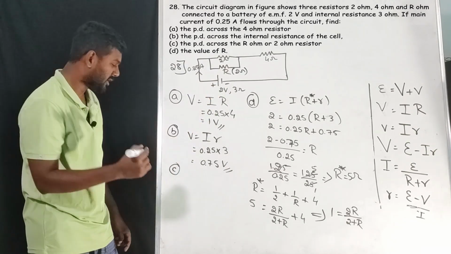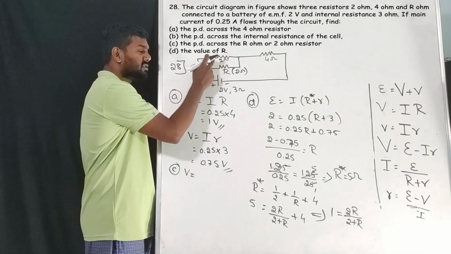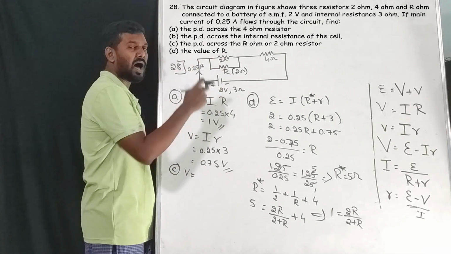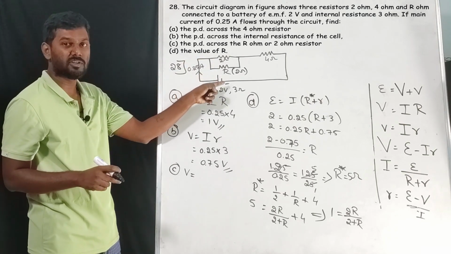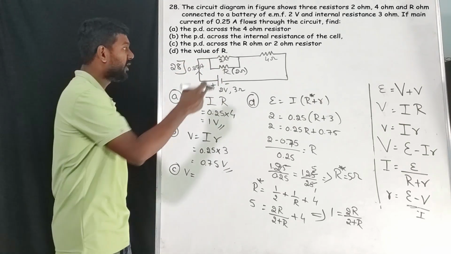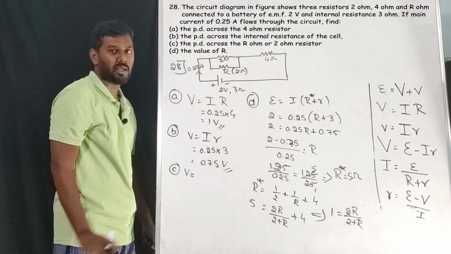So to find the potential difference across the 2 ohm resistance, whenever they ask for the potential difference across this or this, then we have to find the complete resistance value of this combination and use it there only.